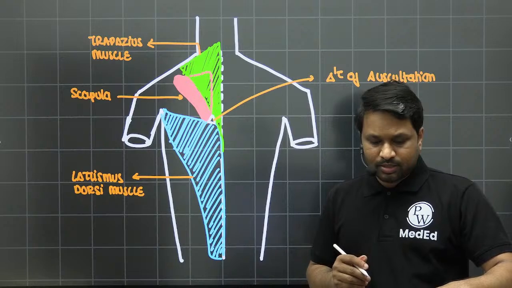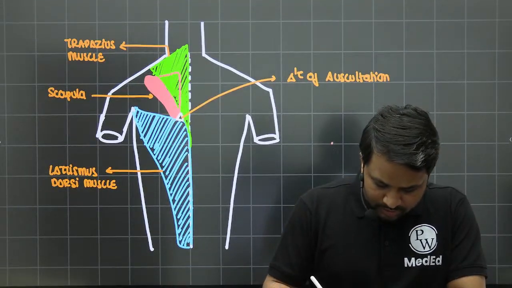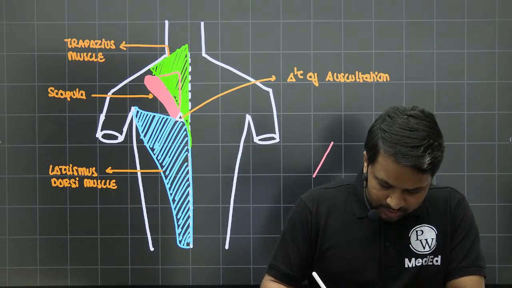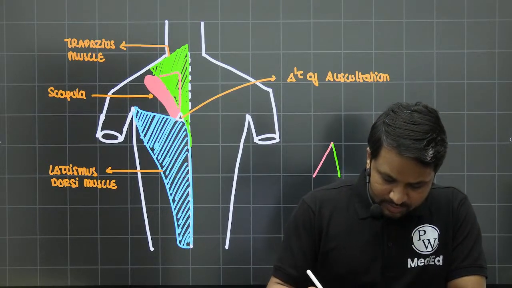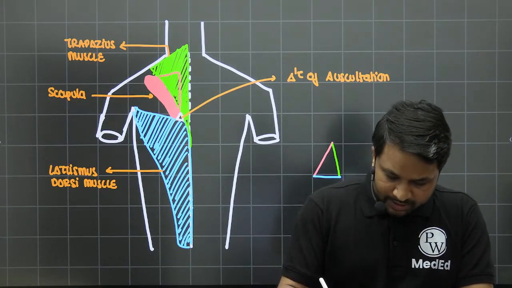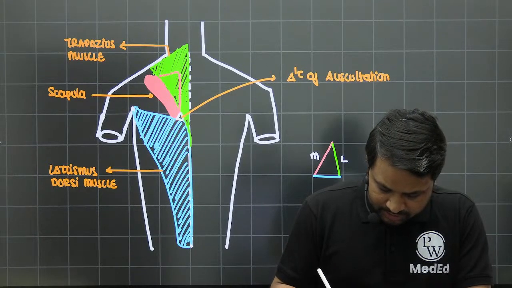So this triangular area: one end of the triangle is formed by your scapula, one end by the trapezius muscle, and one end by the latissimus dorsi. I can label them as three different ends. This is the medial end, this is the lateral end, this is the inferior end.